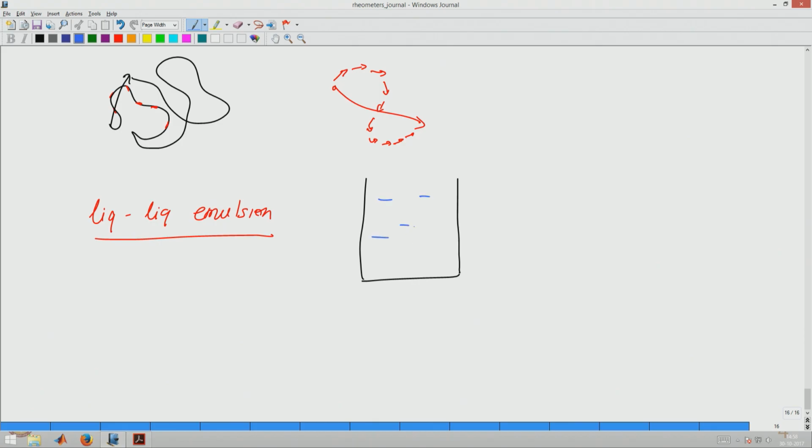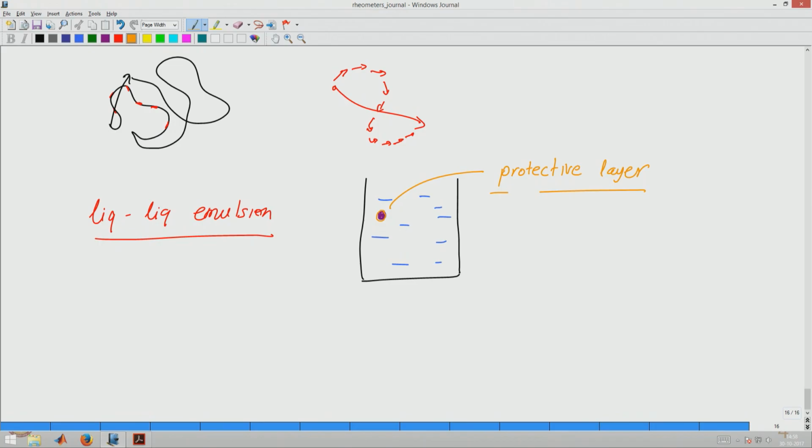So, again maybe let us say oil or some fluid, and then we have another fluid, but then separating these two we have a, so that is why it is called a capsule. So, there is a protective layer. So, this is a protective layer which separates, and now this emulsion is used as a product somewhere where it flows, it is forced to go through narrow openings and all that.